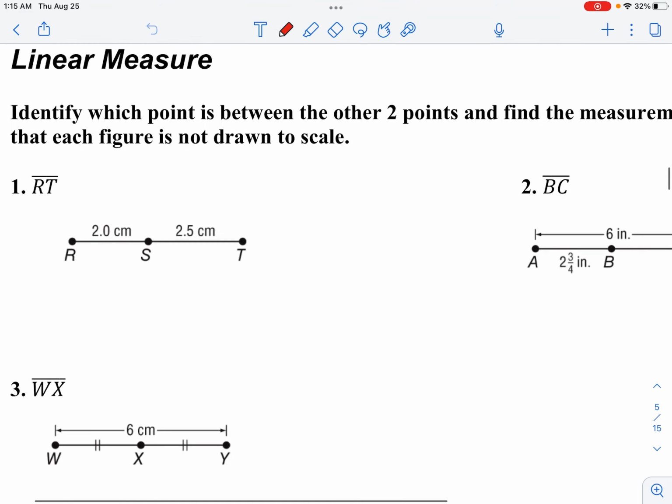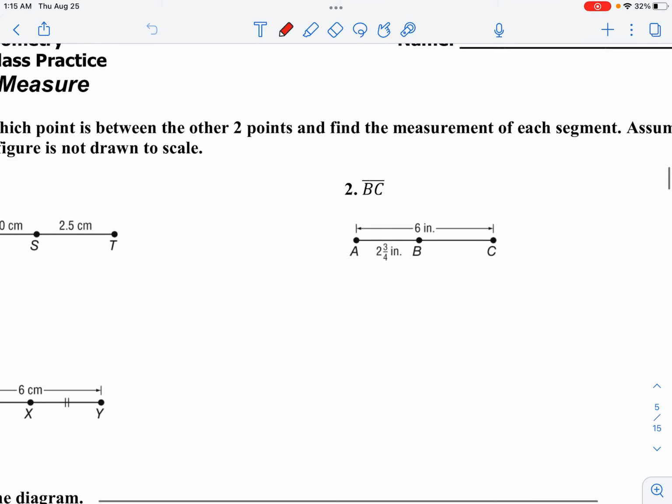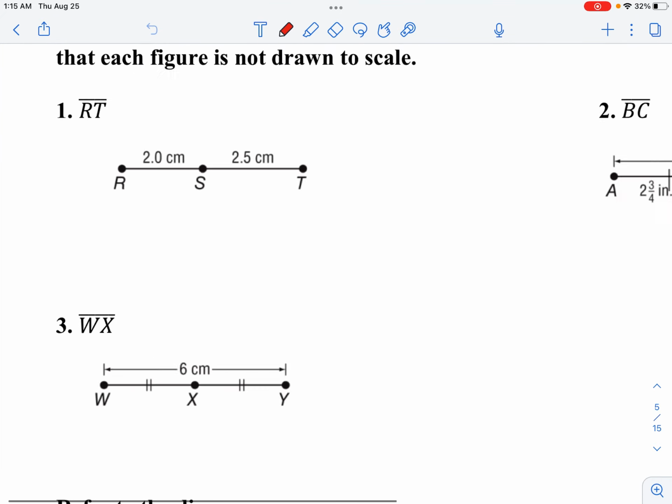So for instance, identify which point is between the other 2 points and find the measure of each segment. Assume that each figure is not drawn to scale.